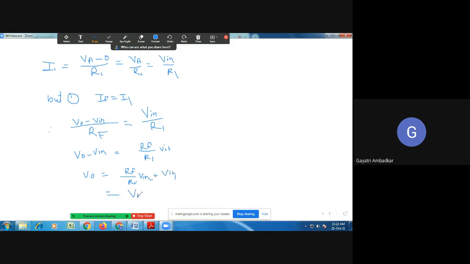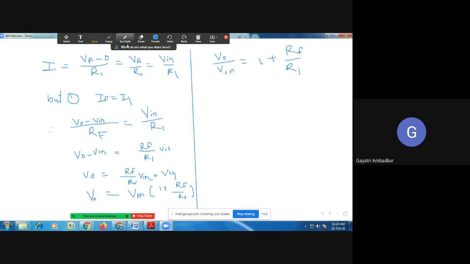Let's take Vin common. It is 1 plus RF upon R1. Therefore, I can arrange this as VO by Vin is equal to 1 plus RF upon R1.